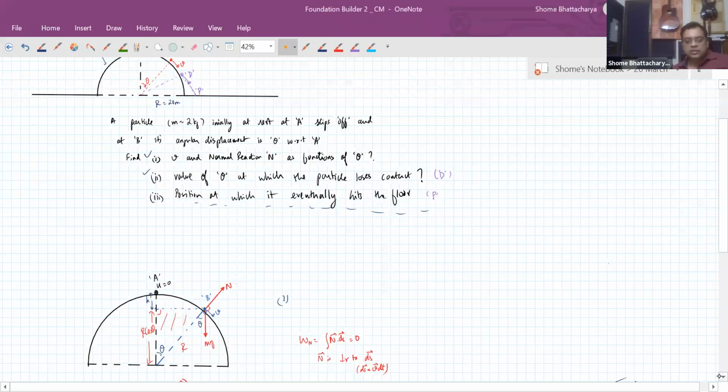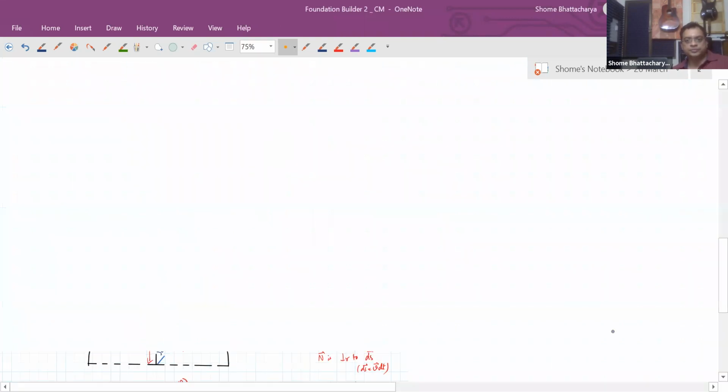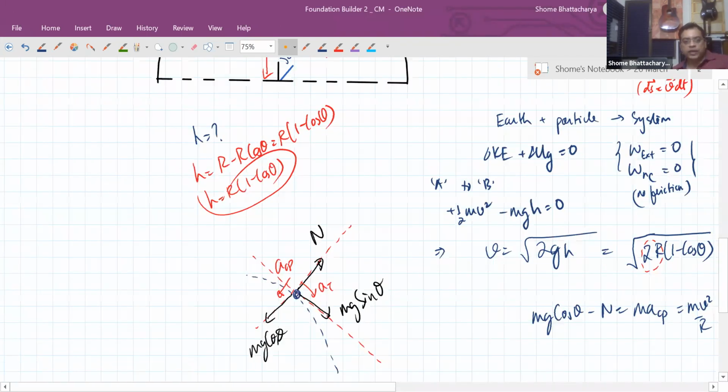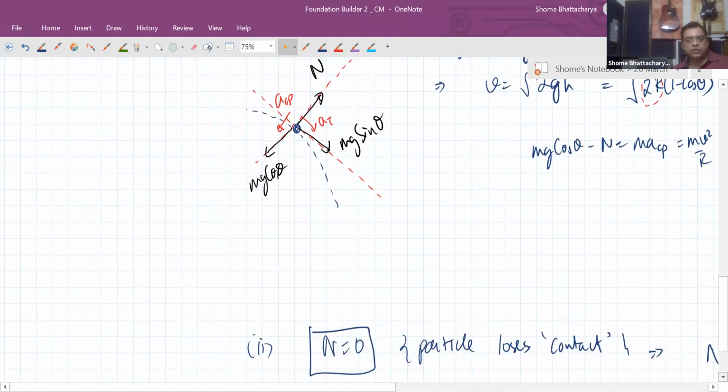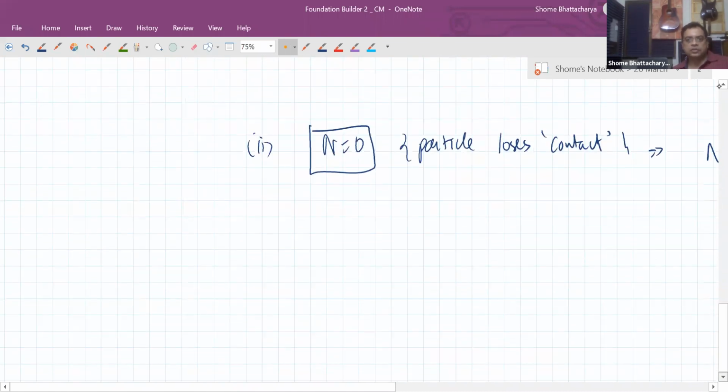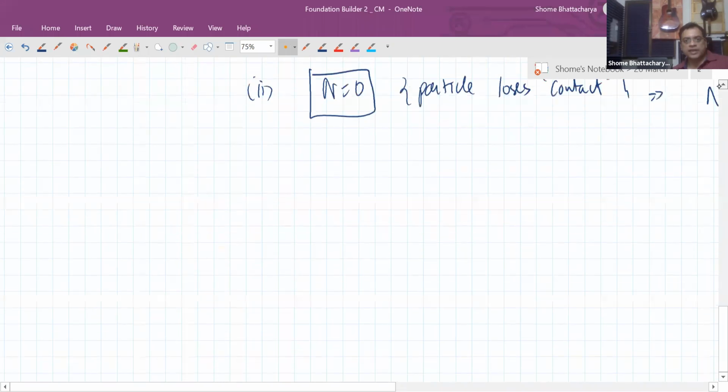Now the next thing is we want to solve the projectile motion part. So this is a bit of a revision of kinematics for us now. So we know at what position it is losing contact, and we also know what the speed is when it is losing contact. Okay. I'll just use this diagram.